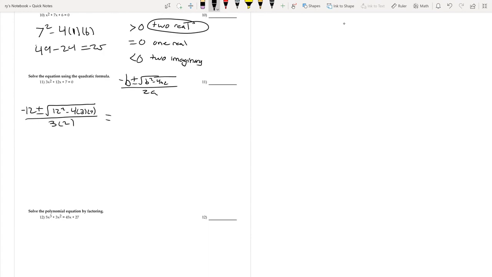Simplifying some of the multiplication, I get negative 12 plus or minus the square root of, 12 squared is 144, 4 times 3 times 7 is 84. That's going to be all over 6.